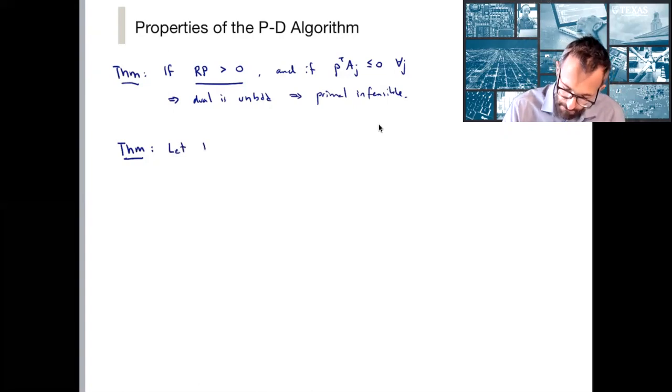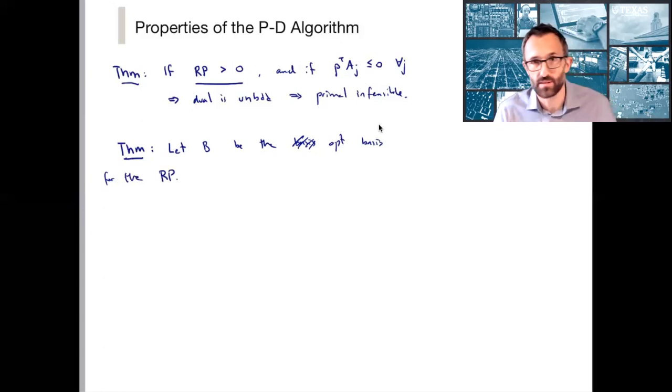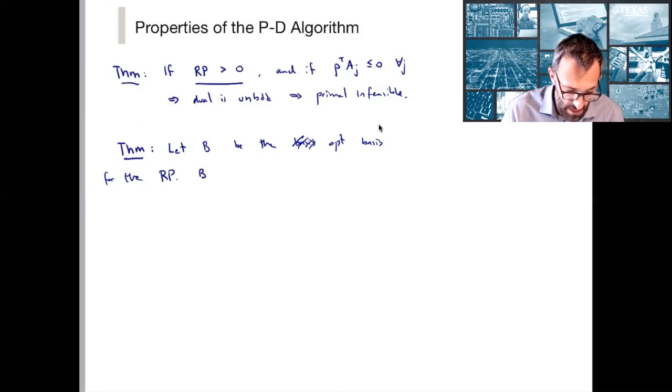Let B be the optimal basis for the restricted primal. You ran simplex on the restricted primal, you terminated, you have a B. So in particular, note that this means that B is a subset of the admissible variables, the only ones that were allowed to be non-zero anyway.